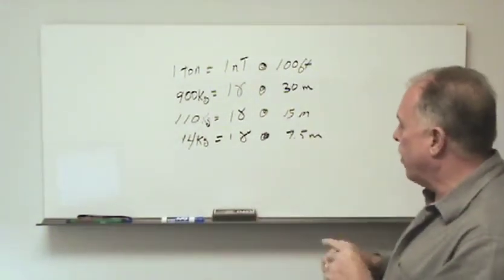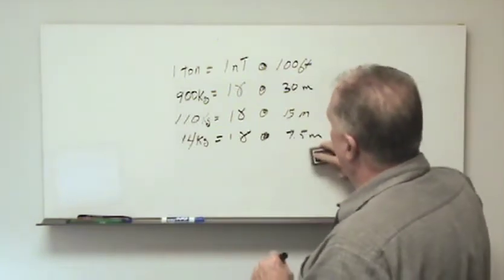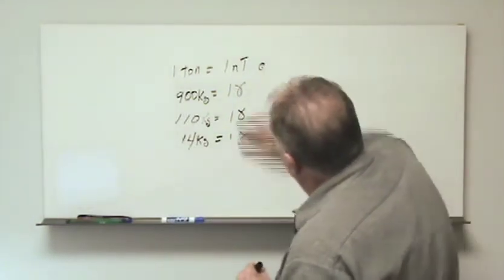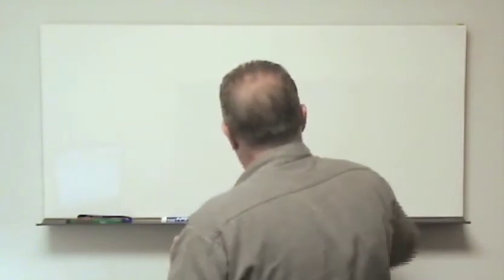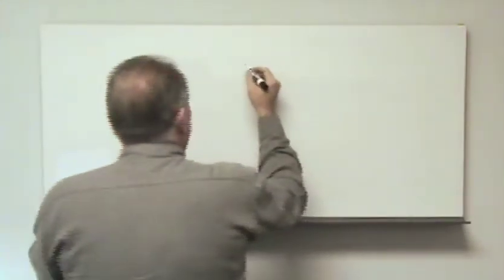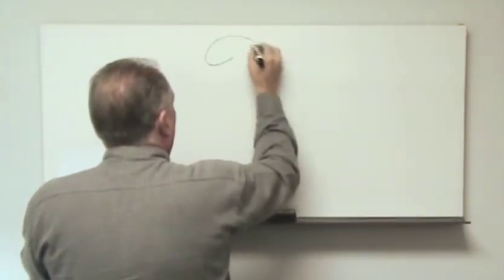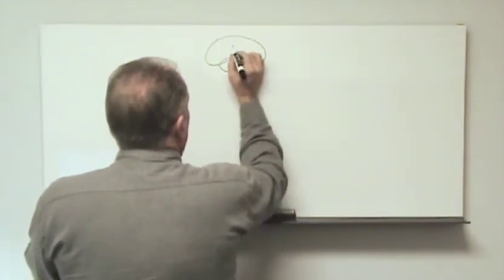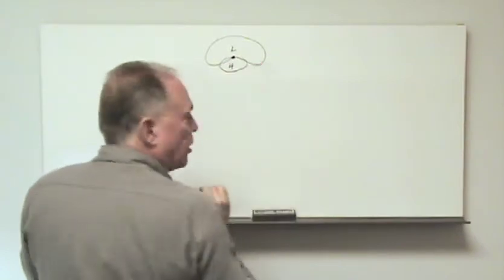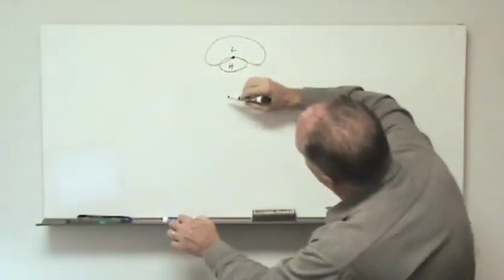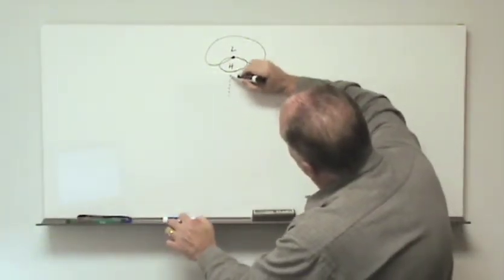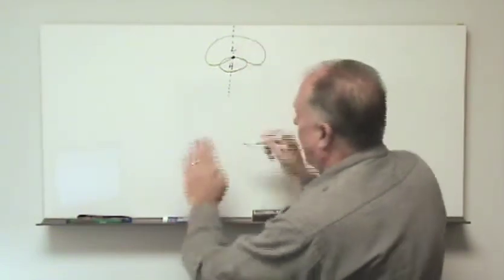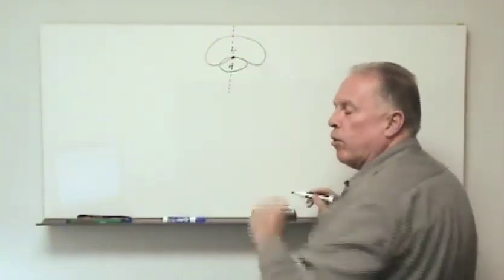The other thing I wanted to mention here had to do with the angle of the Earth's field, and we were discussing that these anomalies typically take on the form of a sombrero, where this is the high and this is the low, and the object is actually here. If we were to extract a survey line with our magnetometer, this is a plan view of the anomaly.